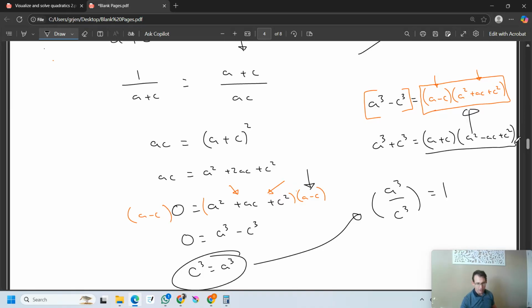You want to have these locked down so that you can spot where you can force them and then create exactly those expressions. All right? Some other useful things to know. If we have A plus B squared, that's going to give us A squared plus 2AB plus B squared, okay? Which is a useful one. If you can force that in some way, you can create these expressions. That can be very useful.